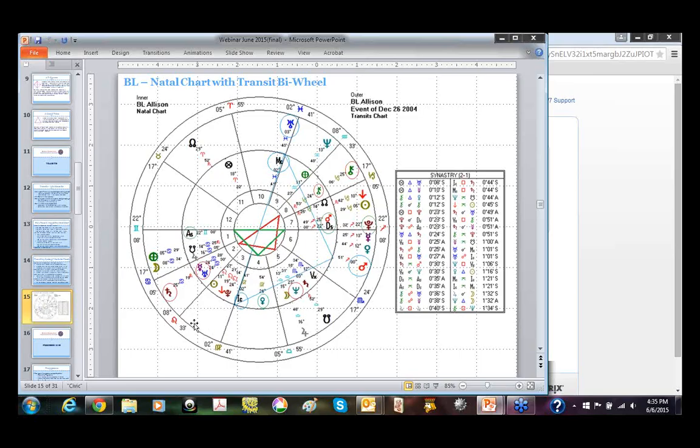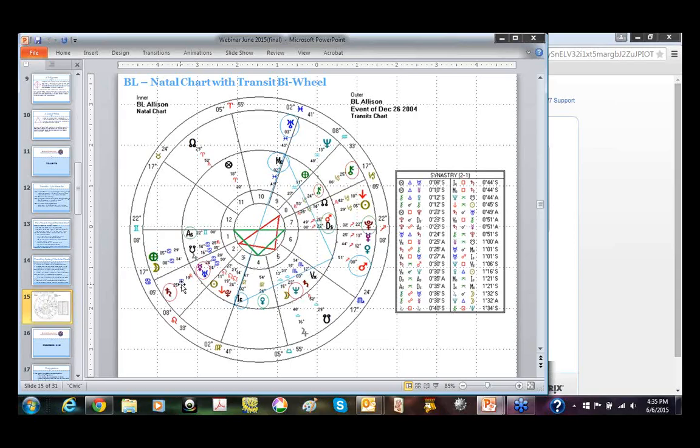Transiting Saturn, as we saw right here, is opposite transiting Chiron, both of them sitting right there on that cardinal cross of mine, or cardinal T-square of mine, sorry. Major changes in my personal resources, second house, the 8th house.